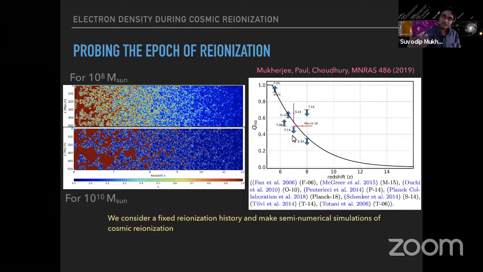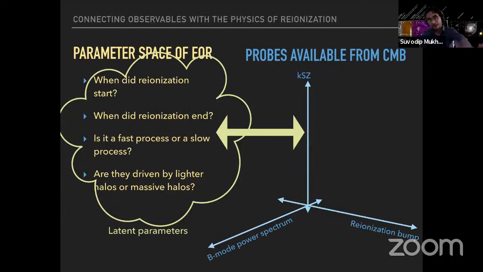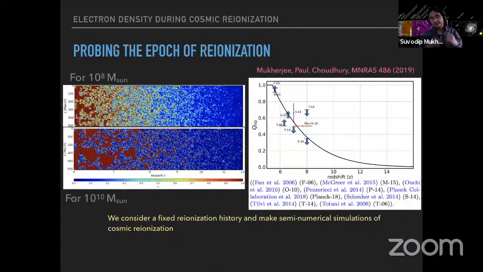Taking this at face value, you can now ask, let us change a few parameters related to the parameter space of the epoch of reionization, mainly the halo masses which are driving the reionization. Is reionization a fast process or a slow process? Let us change these things and ask, what are the imprints of these on the CMB observables? So we make simulations with different halo masses, from about 10⁸ solar mass to 10¹⁰ solar mass, with a fixed reionization history.